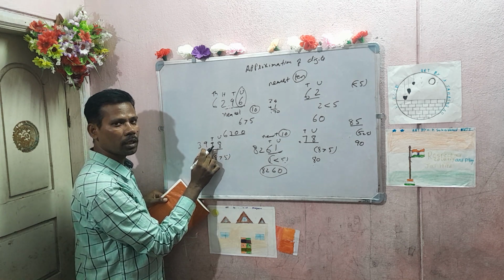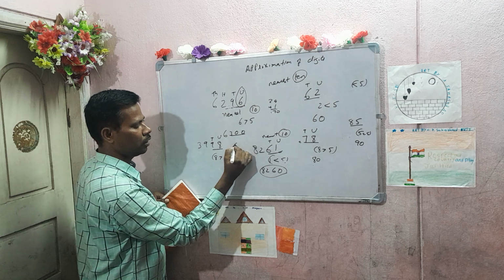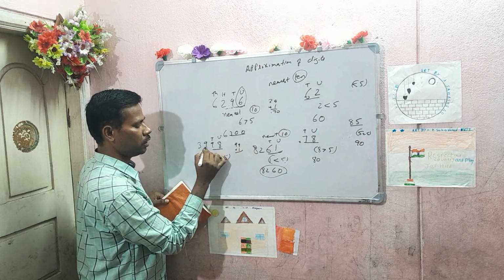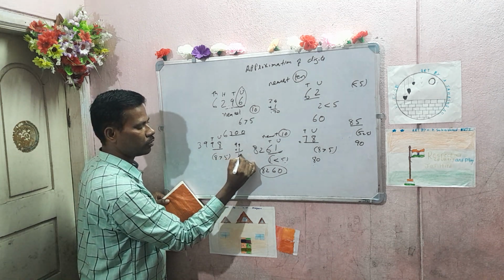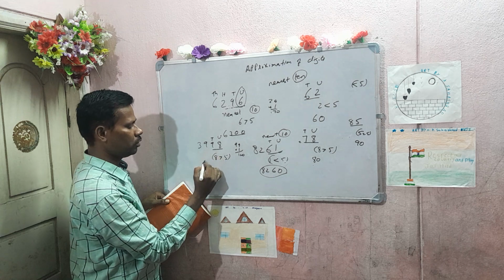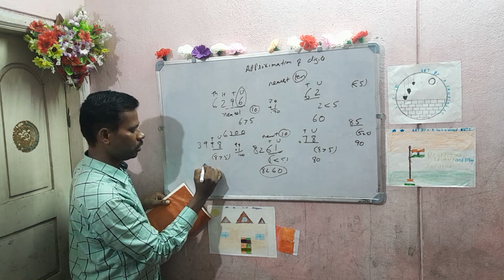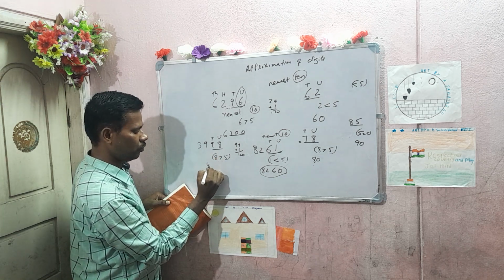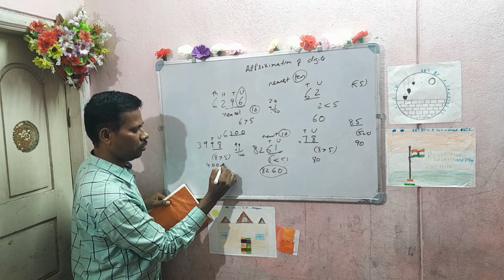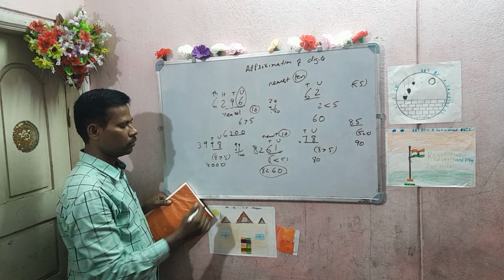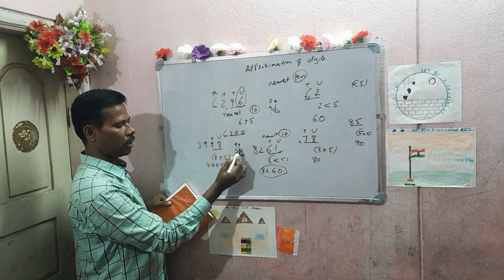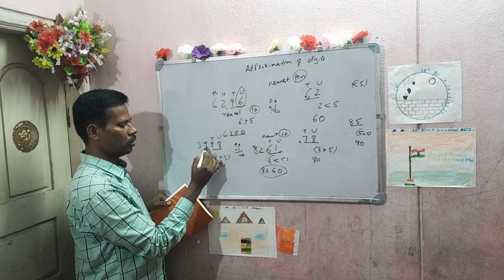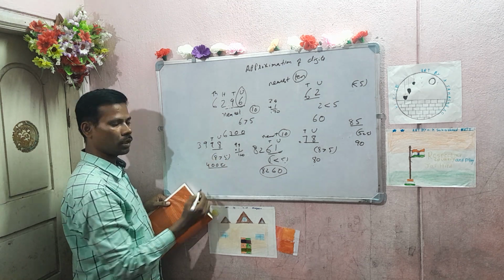When 9 is coming, remember always, you should take the previous digits also and add. 99 plus 1 is 100. So this answer is 4000. Why? Because 99 you are adding 1 and it is 100.